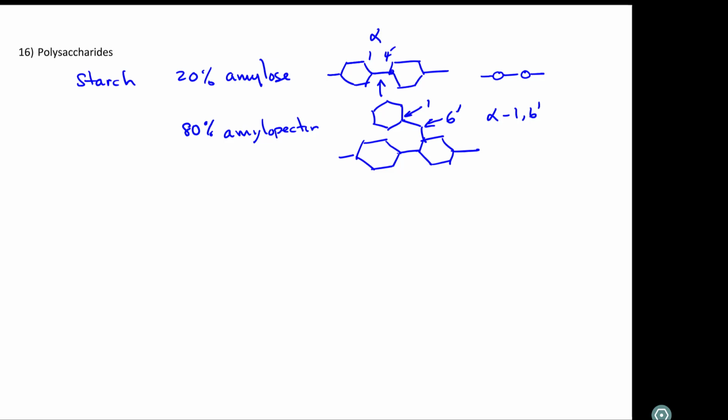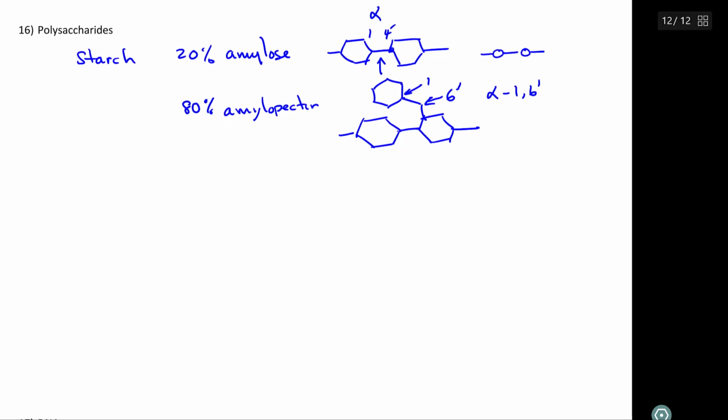And so it has these branches built into it. So I have the linear chain like I have in amylose, but about every, and this is where it gets a little dicey because people will say different things, depending on what they're studying, honestly. The original numbers I heard when I was learning this is that this branching occurs approximately every 25 residues.